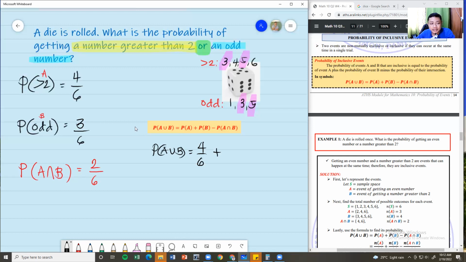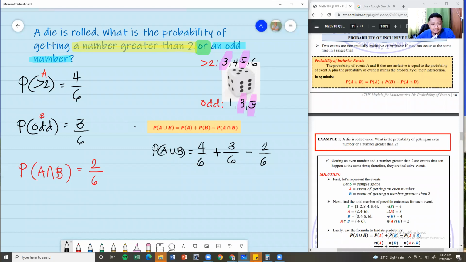Plus, the second event is 3 over 6. Can you follow? And then minus, we need to subtract what's common. And that is 2 over 6. Okay, we've been doing this last week. Just that last week, ano lang sila? Number of, sa cardinality tayo kasi numbers yung mina-minus at ina-add. But this time, probabilities naman.